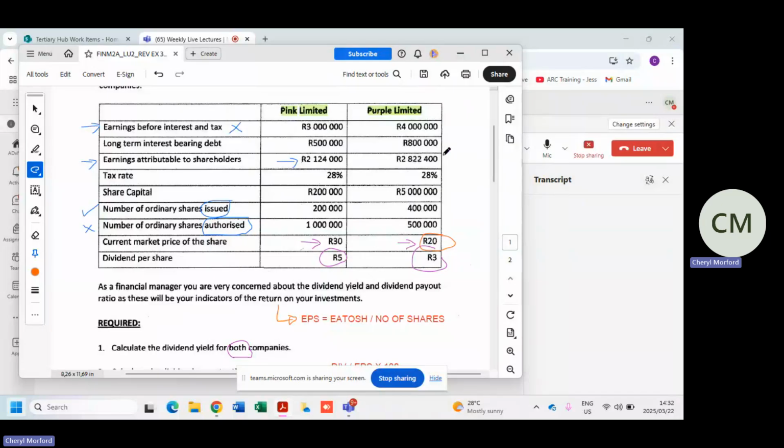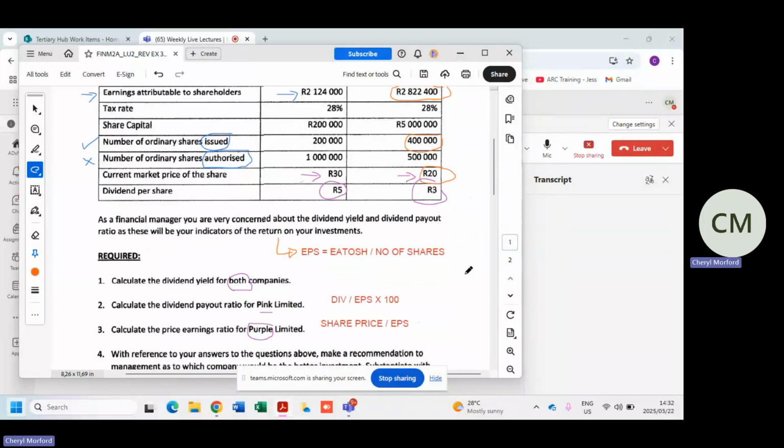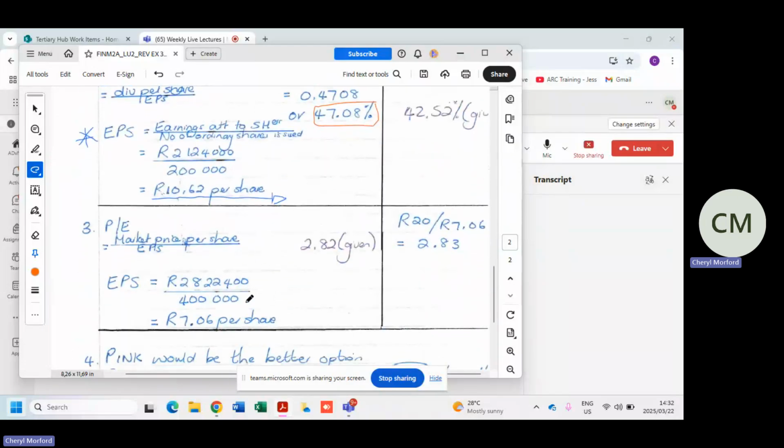So we're going to use those earnings of 2.822 million. And how many ordinary shares are issued? 400,000. So we divide the 400,000 into all of the earnings, and that will give us, over there, for purple, earnings per share of 7 Rand 6.